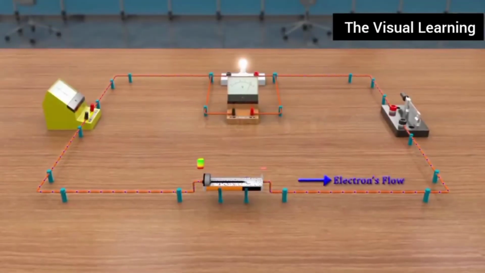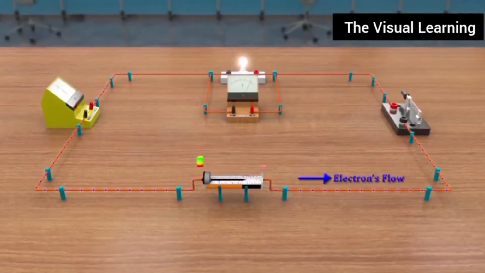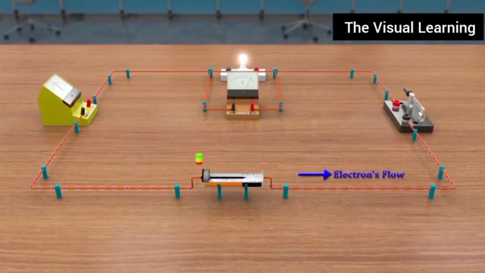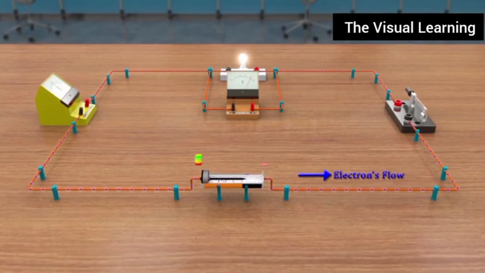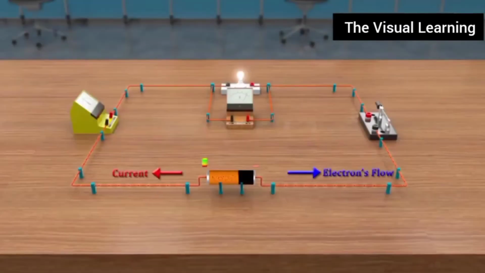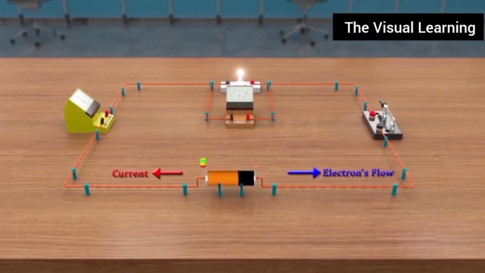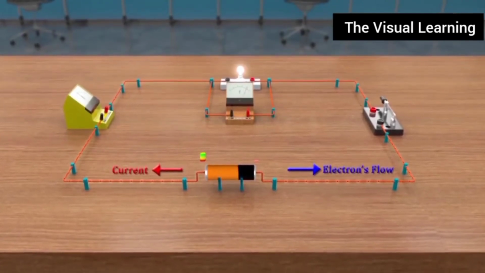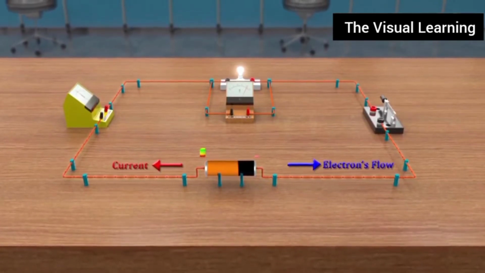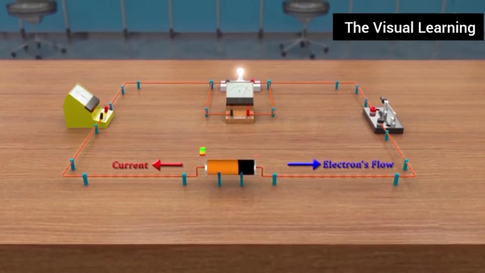This is the reason why we need a battery to push the charge continuously in the circuit. For convenience, we can replace the electron flow with equivalent positive charge flow in the opposite direction. The direction of positive charge flow is considered as the direction of current.